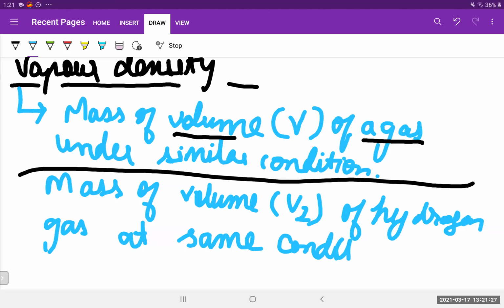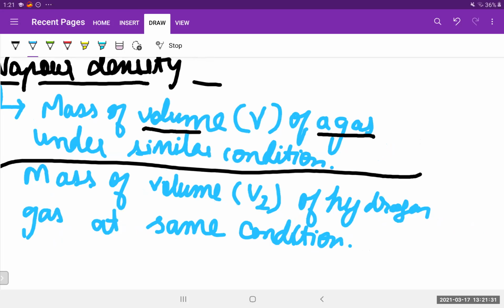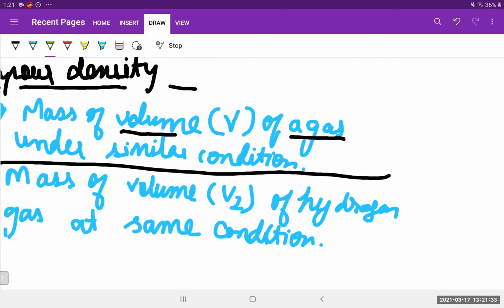So what is this basically? If we take any gas, let's take an example. We have taken a gas X, we don't know the gas. Now we want to calculate the vapor density. In order to calculate it, we'll divide the mass of volume of this X gas by the mass of volume of hydrogen.